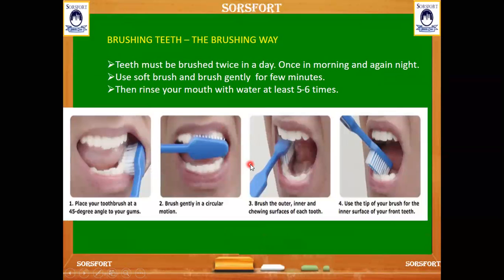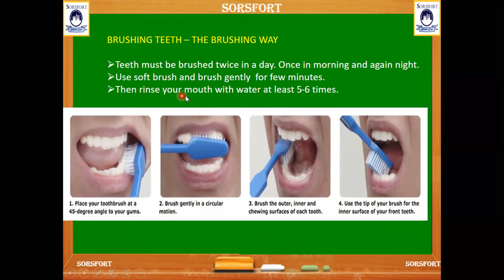We should use a soft and gentle brush, not a hard one, which may damage our gums, which may start bleeding, and which causes the teeth to fall also.